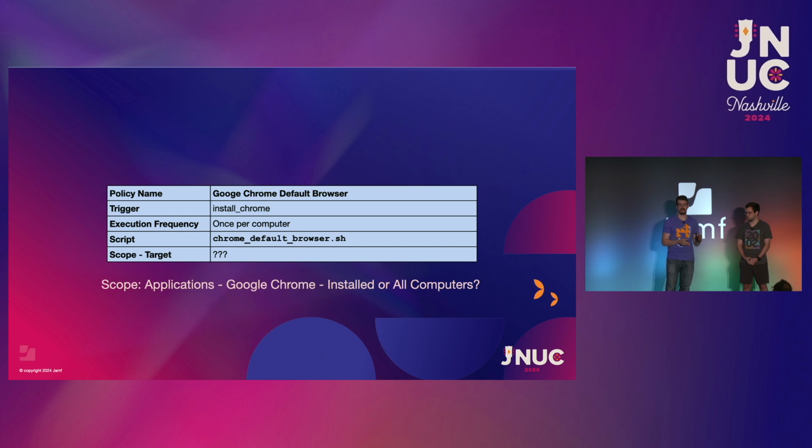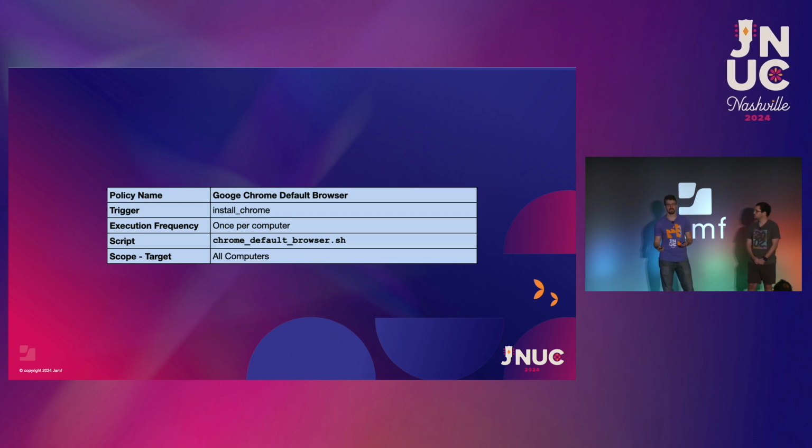So even though after that Chrome install policy runs, the computer is now in scope for the Chrome default browser policy in that Chrome installed smart group, that policy is not actually going to get run the first time it runs that trigger because it wasn't in the group when the trigger was called. So instead, what you want to do is scope the second policy to all computers, so that way when you run the trigger, it gets called and it will get that second policy.